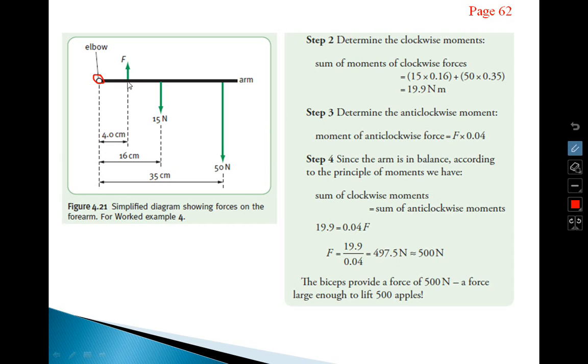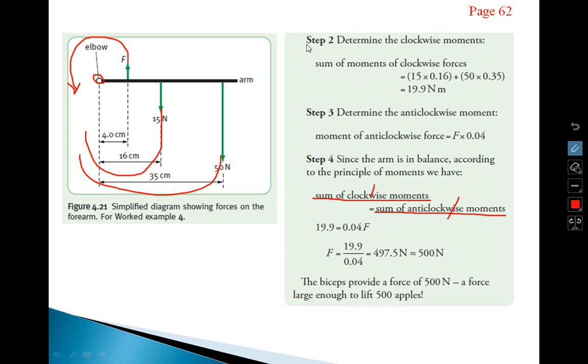This one, with the distance from here up to here, is moving anti-clockwise. This other one, with this distance, is moving clockwise, and this one is also clockwise. So what is the rule? The summation of clockwise moments is equal to the summation of anti-clockwise moments.